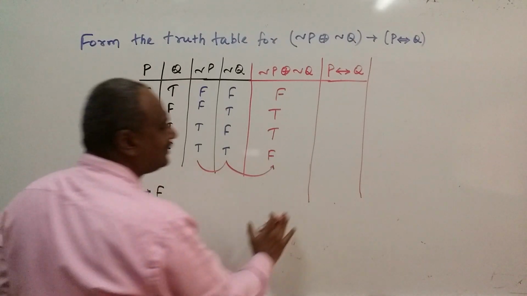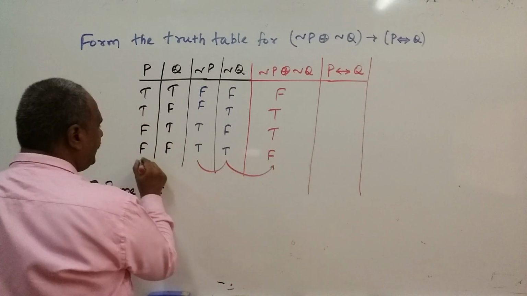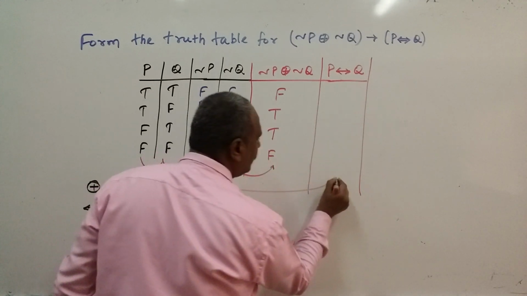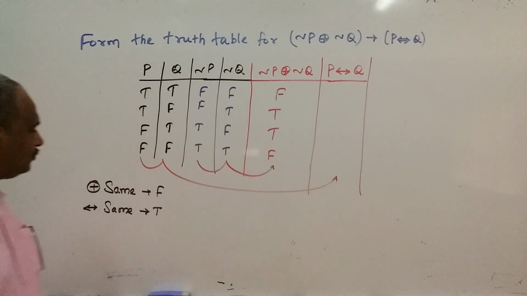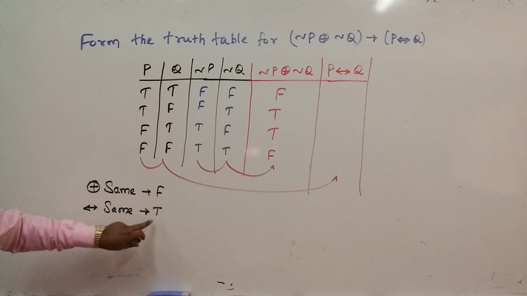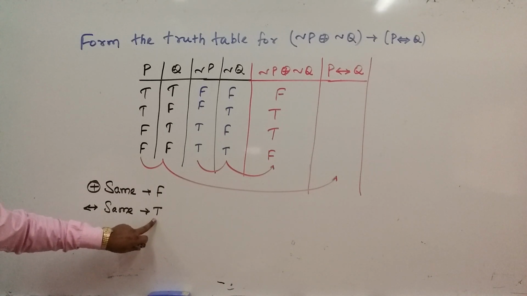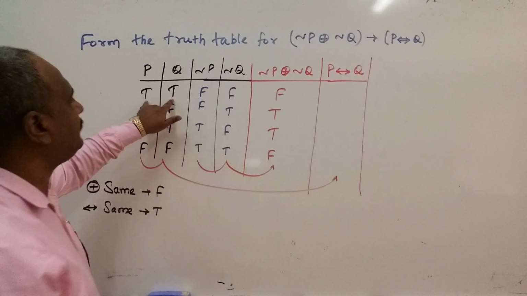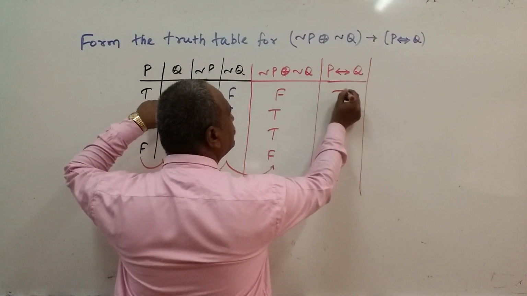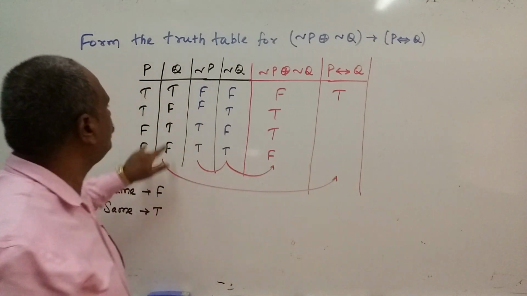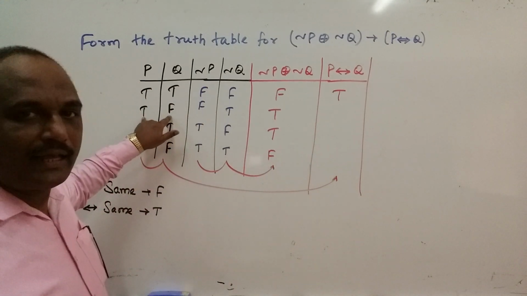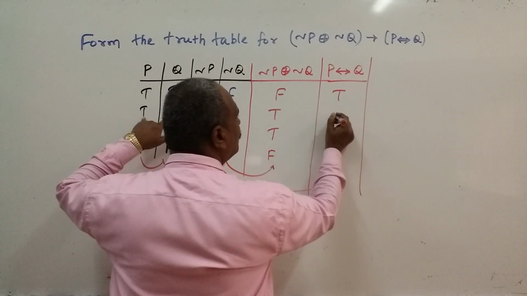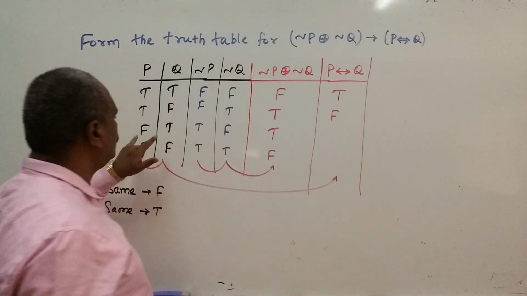Now I am going to check the double implies for P, Q. When I have the same statements, the statement is true. True, true: same, so the result is true. True, false: different, so the result is false.